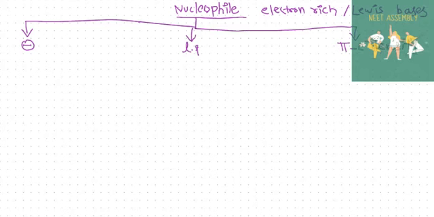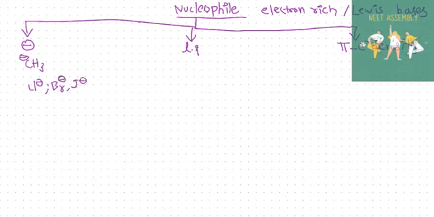Nucleophiles that have a negative charge, like CH3 minus, and next Cl minus, Br minus, I minus, all these are nucleophiles. Next we can write OH minus, CH3O minus, and ethoxide.